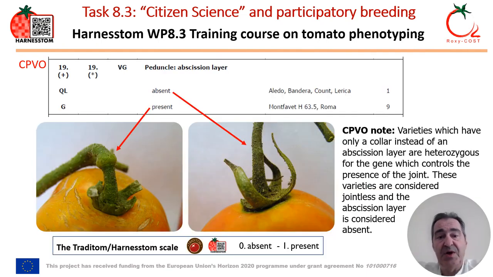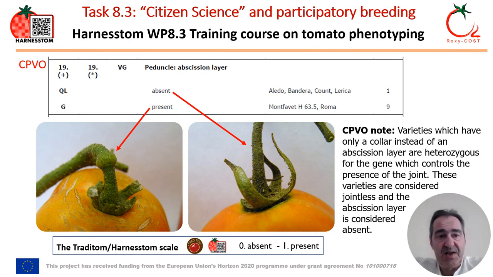A very important trait which is related to the flower peduncle is the presence or the absence of the abscission layer. This is trait number 19 in the CPVO protocol.